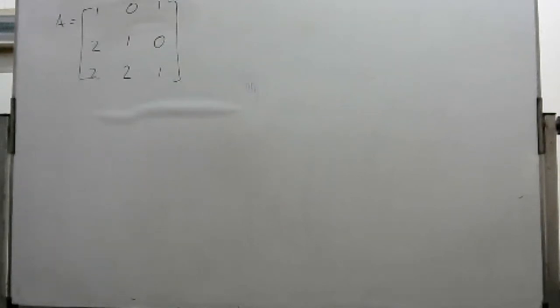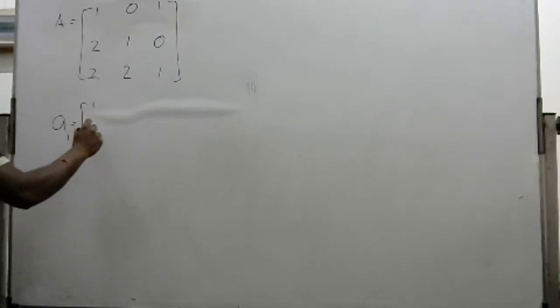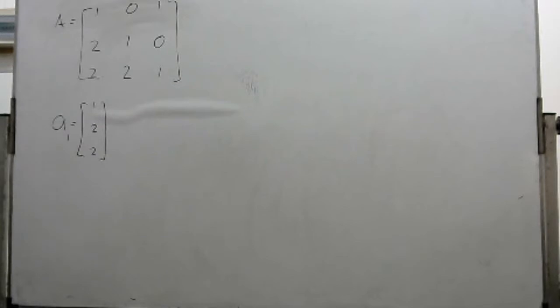The first step is this: you take A1, the first column, 1, 2, 2. Once you get the column, you look for the equation.